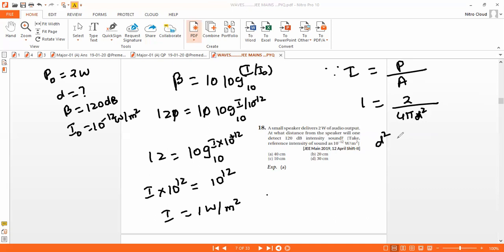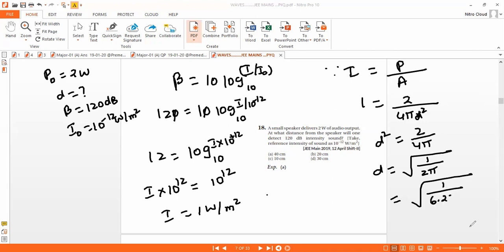So d square equal to 2 by 4 pi, that is d equal to under root 1 by 2 pi, 1 by 6.28. 1 divided by 6.28 is 0.1592.